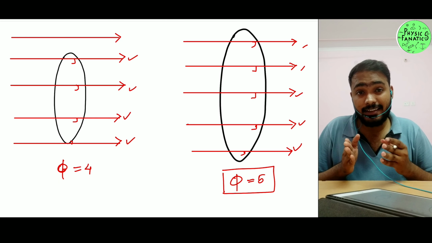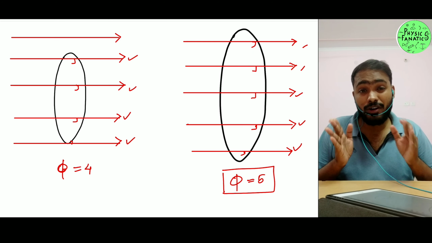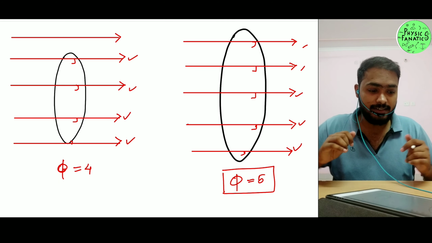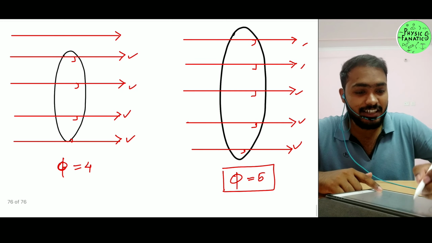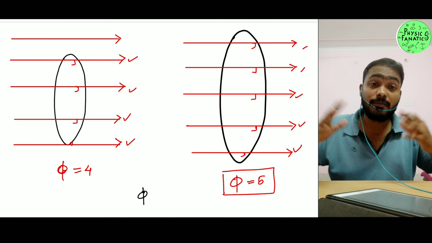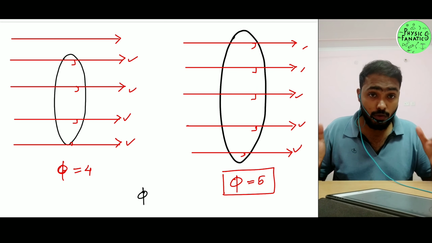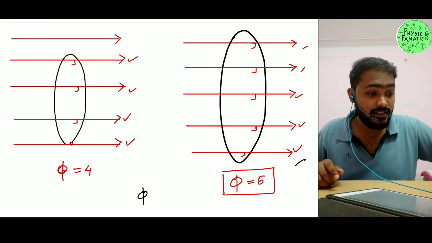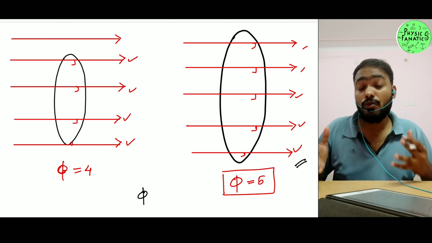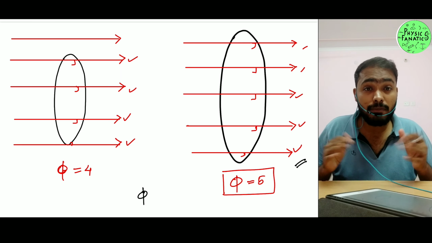In the first case the area was smaller as compared to the second case. Now what does this tell us? You can easily deduce that the flux again depends upon the area of the surface that you're choosing. If the area is more, as in the second case, then more electric field lines can pass through the surface perpendicularly.